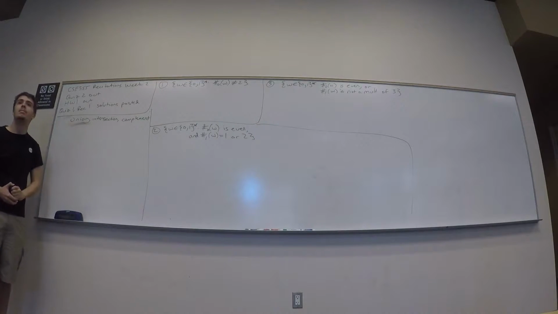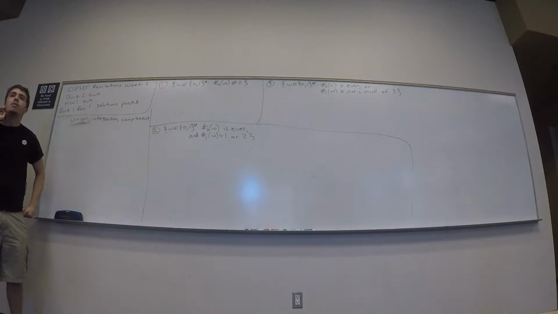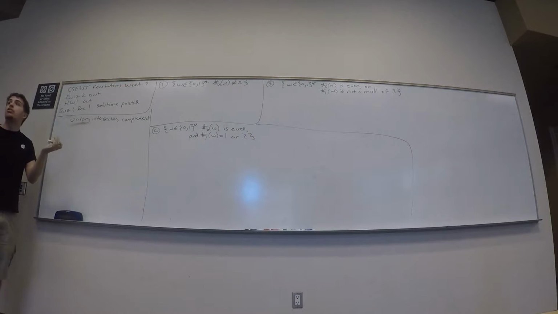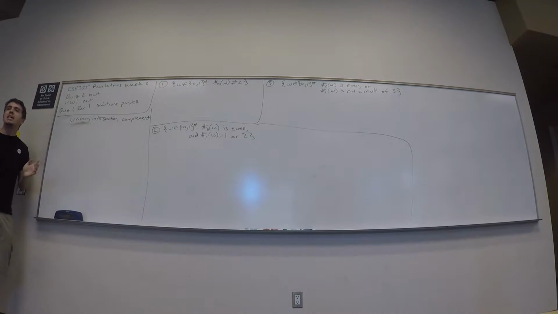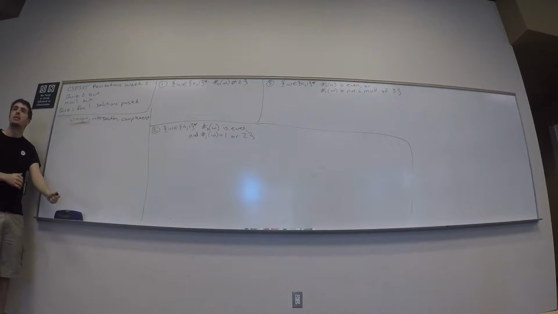But yeah, closure under union, right? So what does that even mean? If I take 2 DFAs, can I somehow form a DFA for the union of their languages? Yeah, that's what closure under union means. That's what closure under intersection means. That's what closure under complement means.